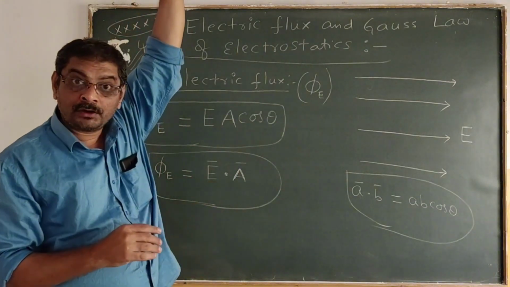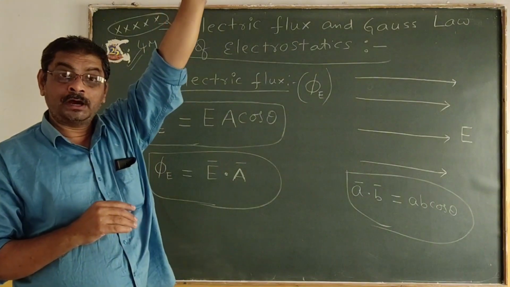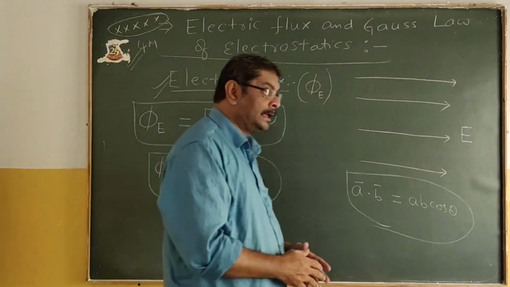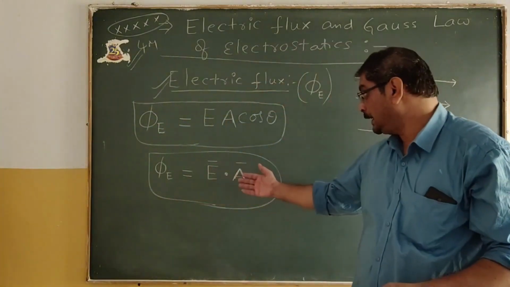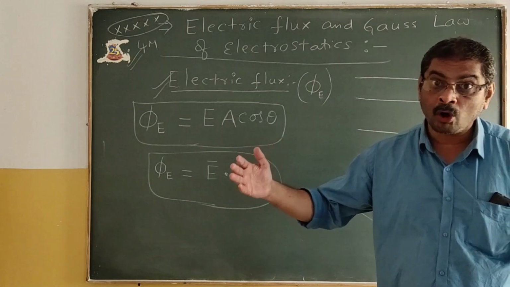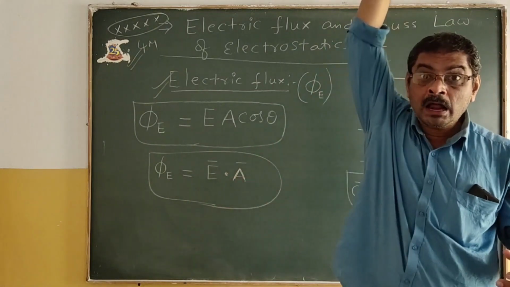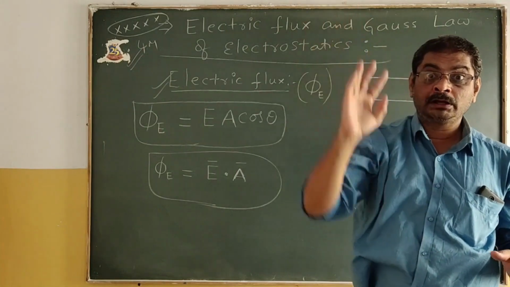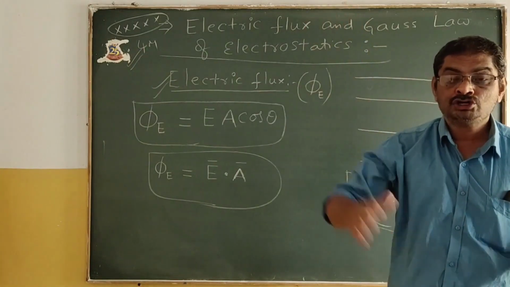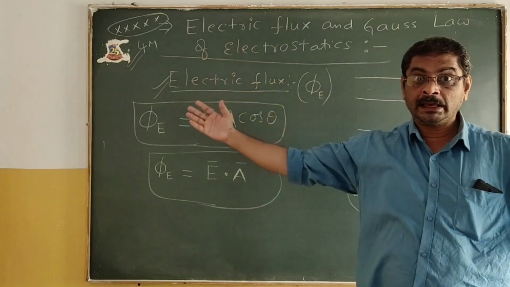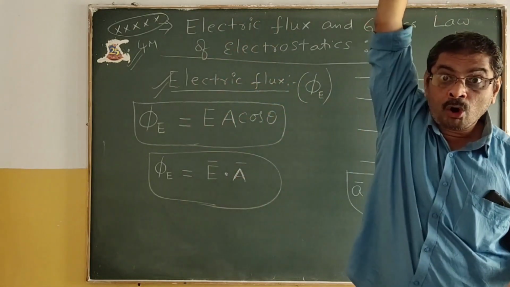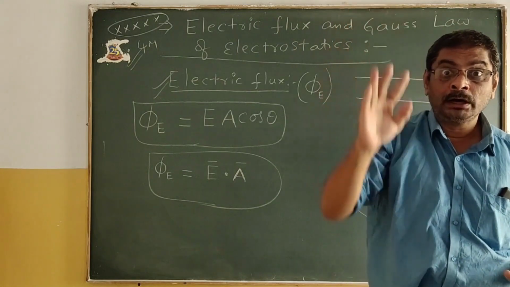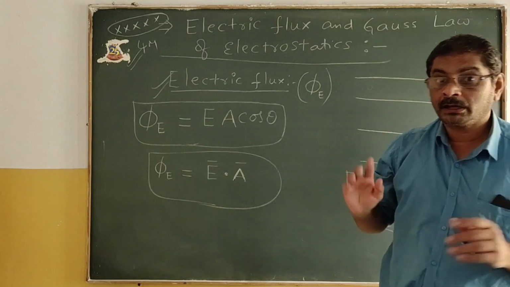Electric flux can also be defined as the dot product of the field vector and the area vector. So always remember, from this formula, the electric flux can also be defined as the dot product of the field vector and the area vector.